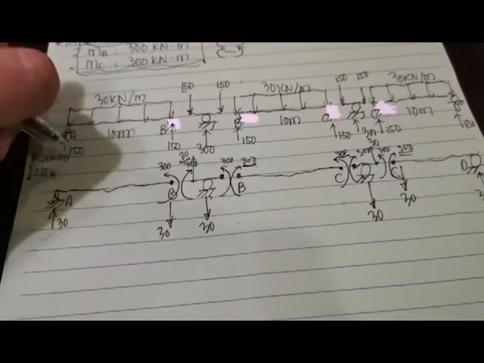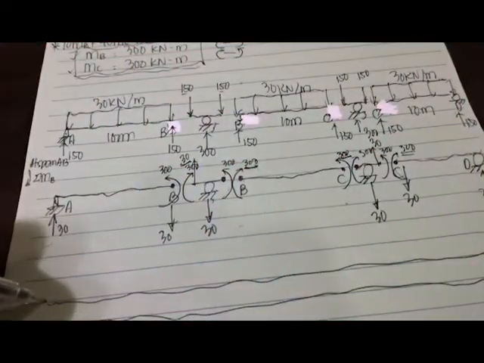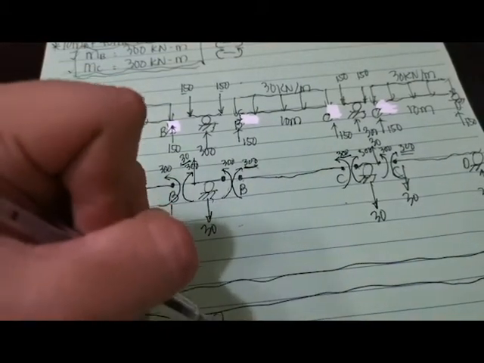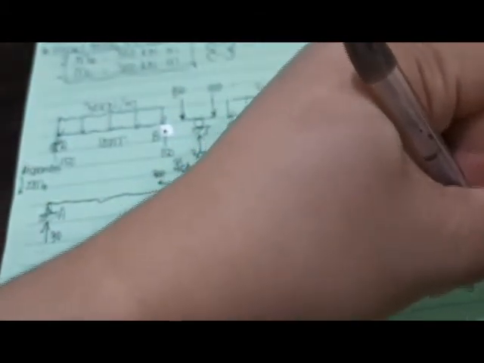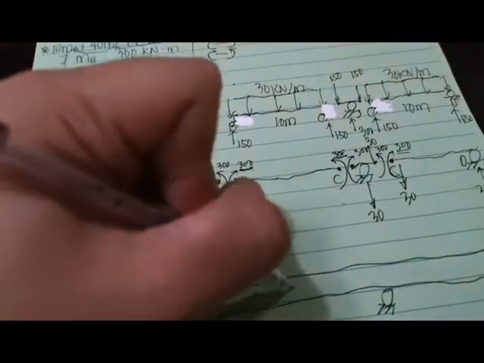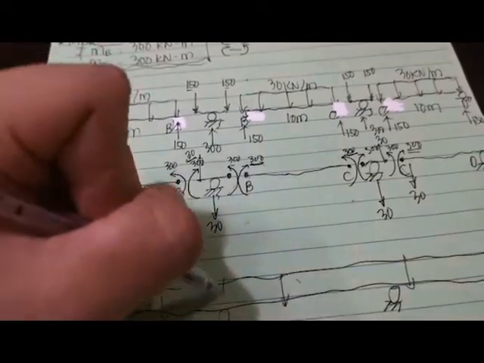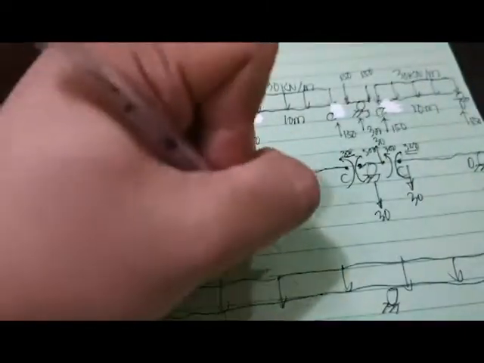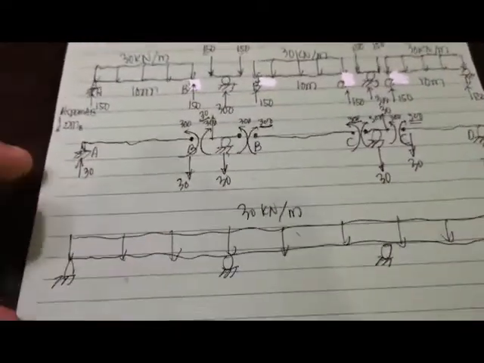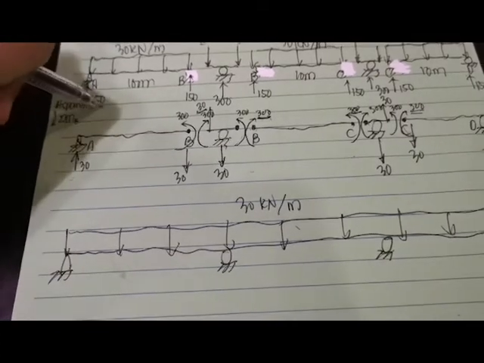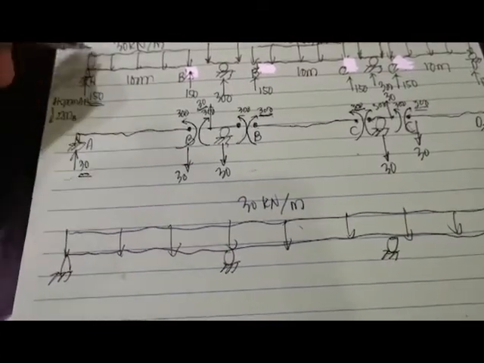So starting from point A, we have 150 plus 30, both upward kasi.